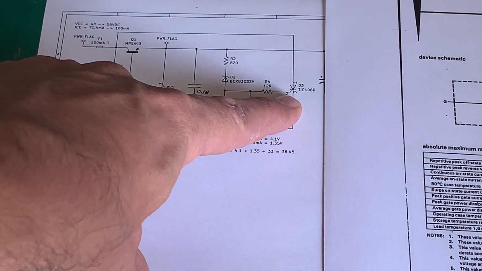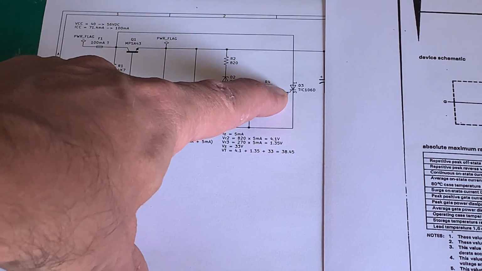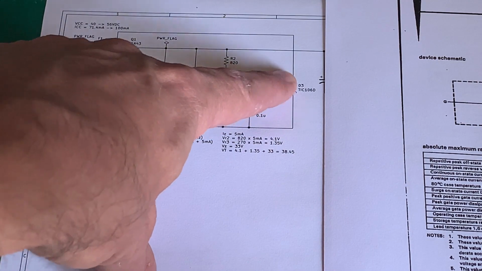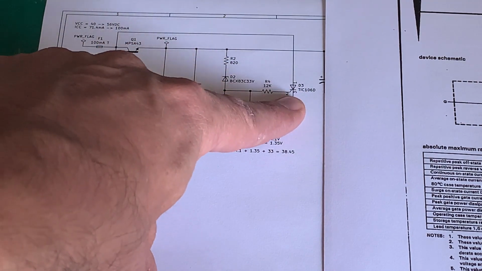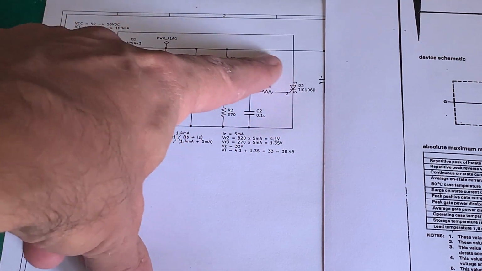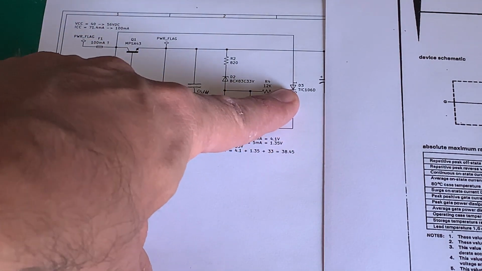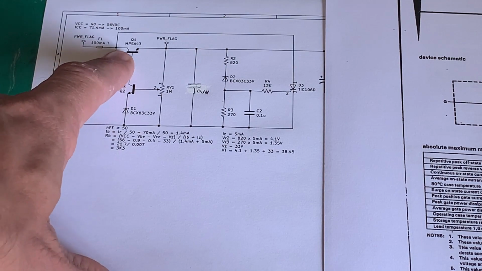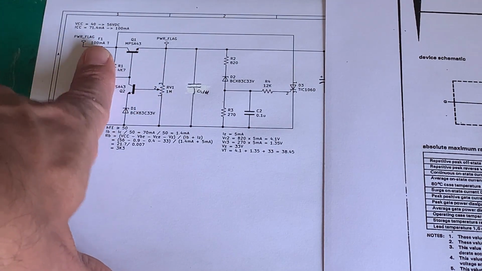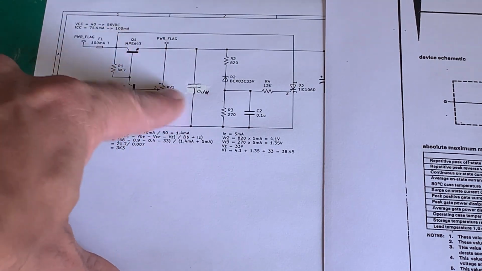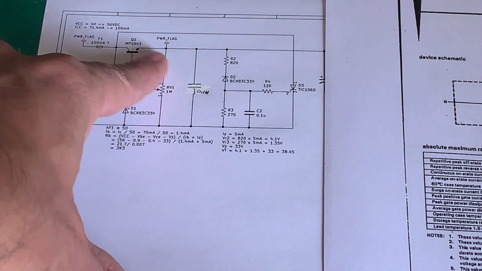To reset it, the only way that you can reset the SCR is the voltage must cross zero. It must go back to zero, that voltage there, which will happen once the fuse is blown, so we're not worried there. Under normal circumstances this circuit will be regulating, so we don't particularly care.